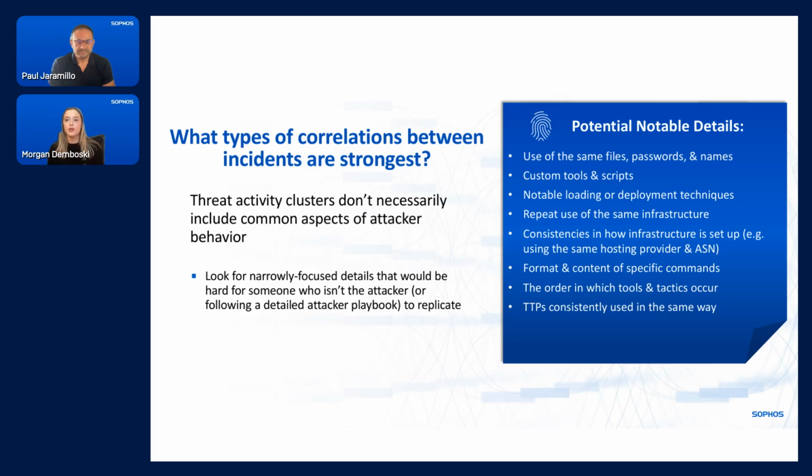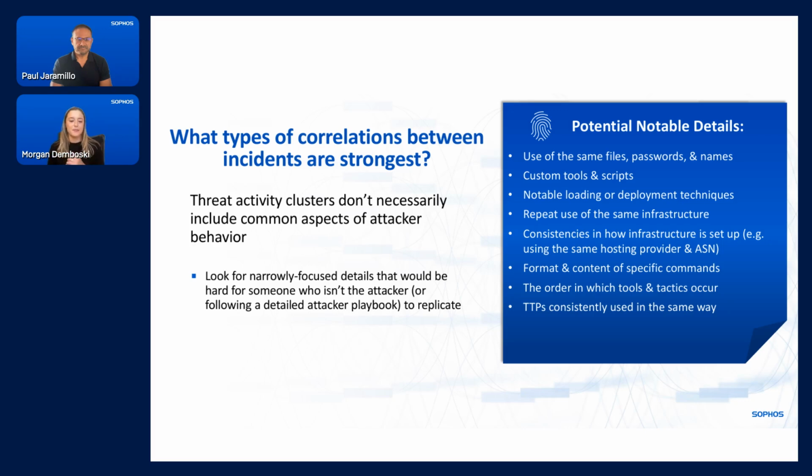So for example, not only are we tracking which tools were used, but we also want to track how they were loaded, what they were used for, and in what order they were used in relation to other tools. So some intrusion activity contains more unique fingerprints, and we place a higher weighted value on specific and higher quality indicators as points of comparison. A couple of things you can look for here are repeat use of the same files, passwords, and names. The more unique, the better.